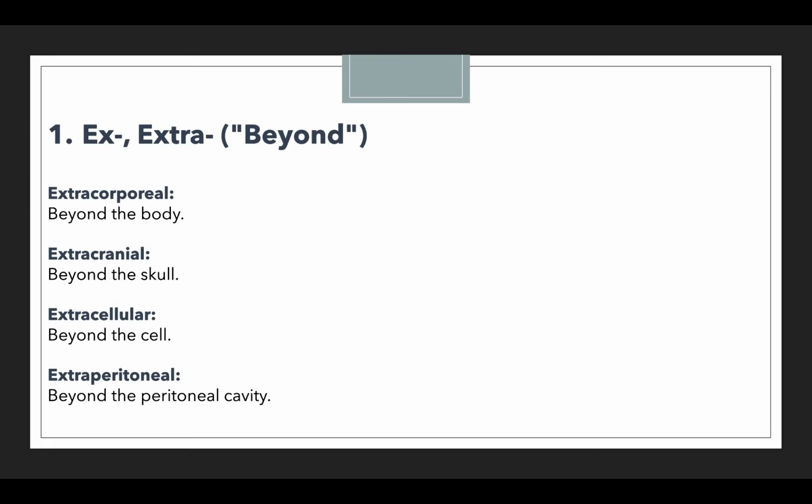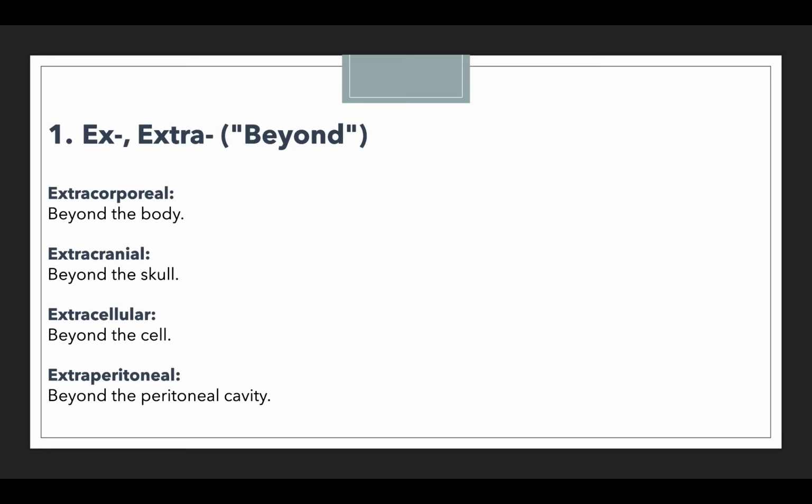The first terminology is extracorporeal. Extracorporeal. What does it mean? It means something beyond the body. So whenever you want to showcase something beyond the body, we will use the terminology extracorporeal. And here extra is a prefix, as I told you, that whenever you want to show something as beyond, we will use the prefix extra.